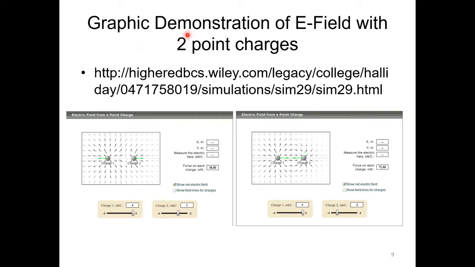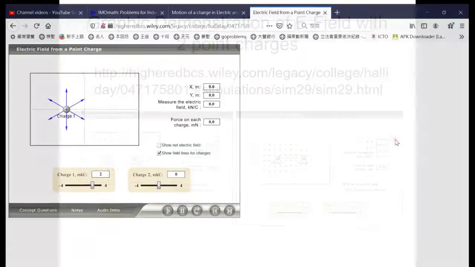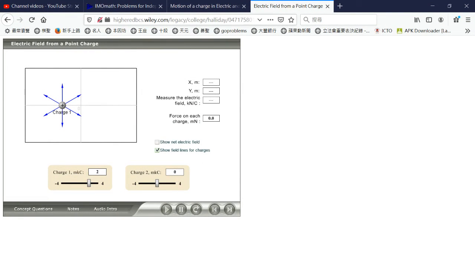So here is a graphical demonstration. You can go to this link to check this, and I can show you a bit. I can only open it in Firefox because Google Chrome does not support Flash, but it doesn't really matter.